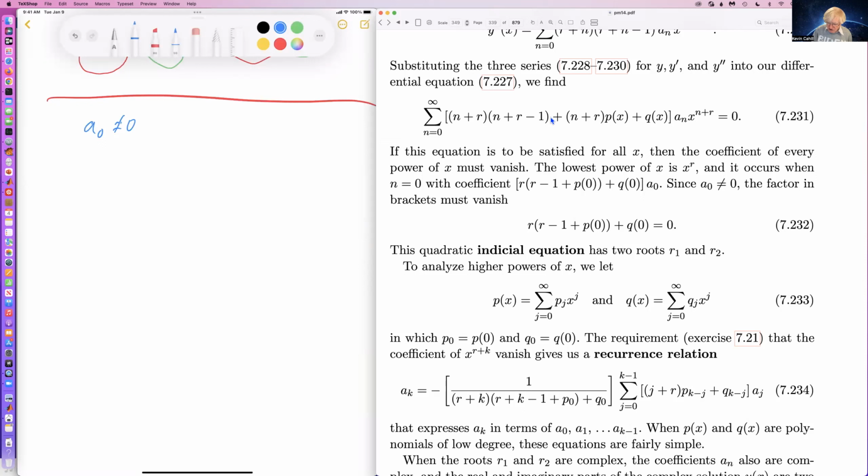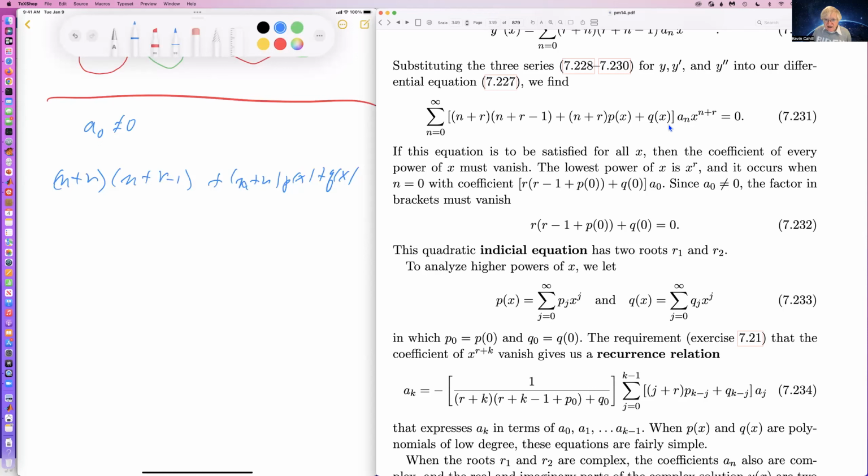In other words, n plus r times n plus r minus 1, plus n plus r times p of x, plus q of x, this must vanish.